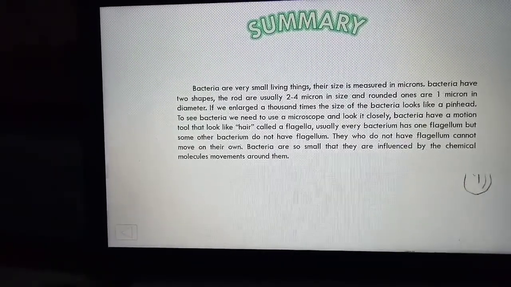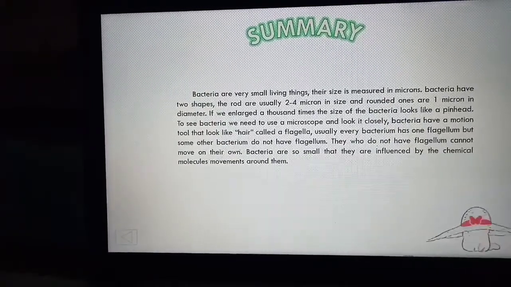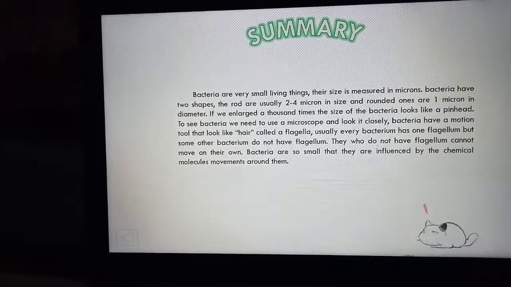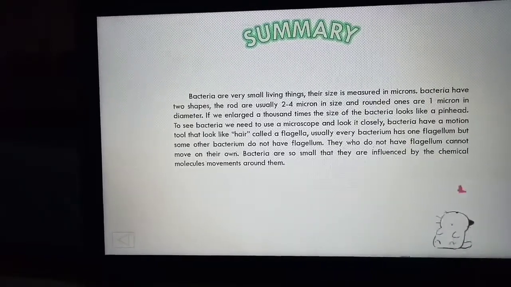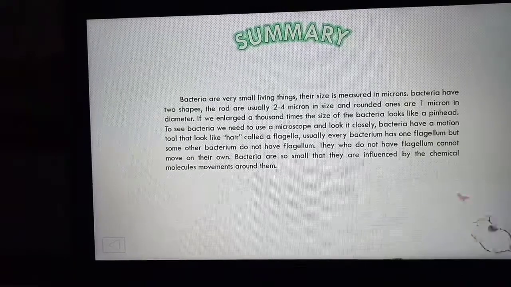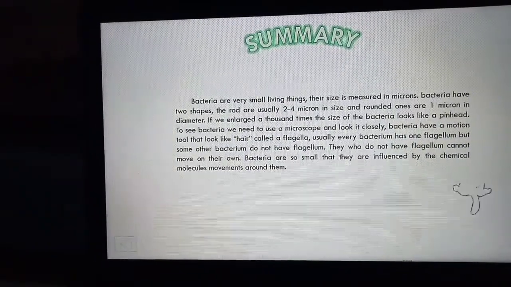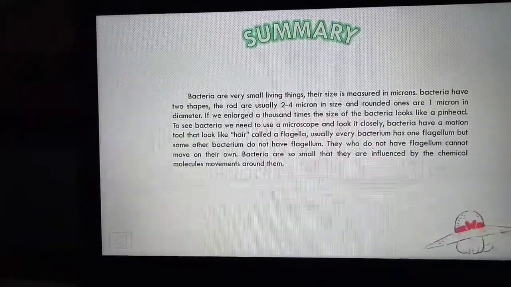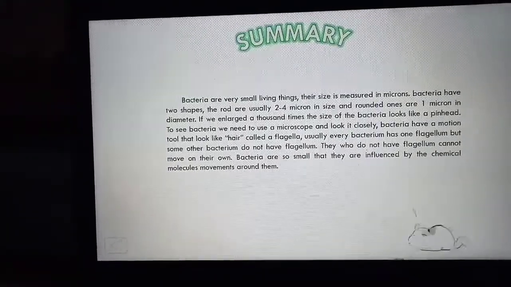Bacteria have a motion tool that looks like hair called a flagellum. Usually, every bacterium has one flagellum, but some other bacteria do not have a flagellum. Those that do not have a flagellum cannot move on their own. Bacteria are so small that they are influenced by the chemical molecules' movement around them.